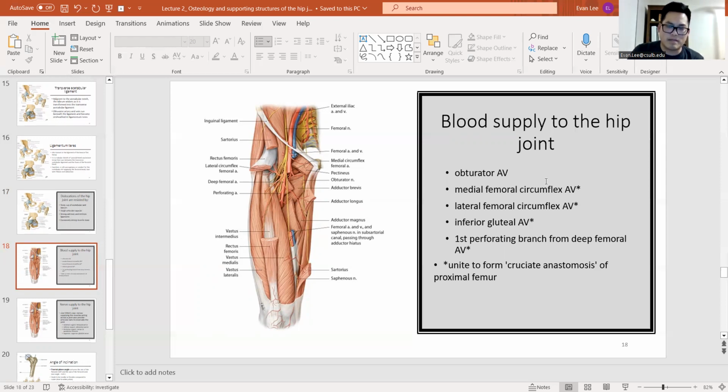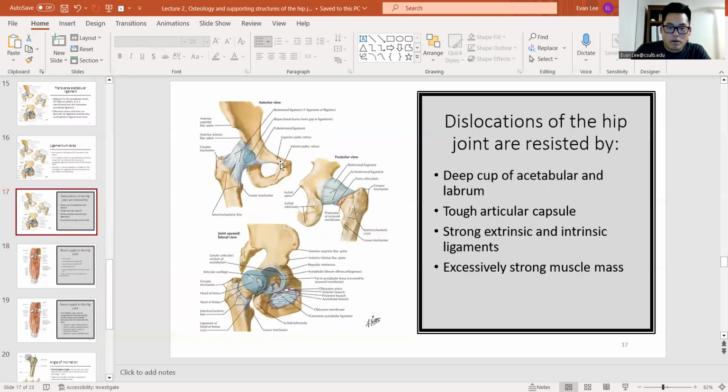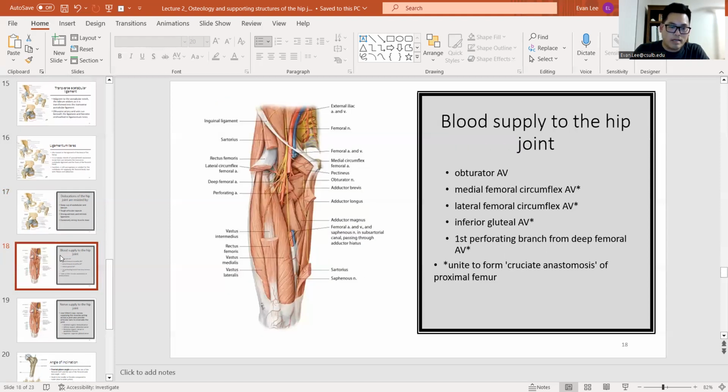It's a similar thing, but medial and lateral in this case. Now, obturator refers to this hole right here called the obturator foramen. Going through there are the obturator artery and vein, which go to the medial side of the thigh.